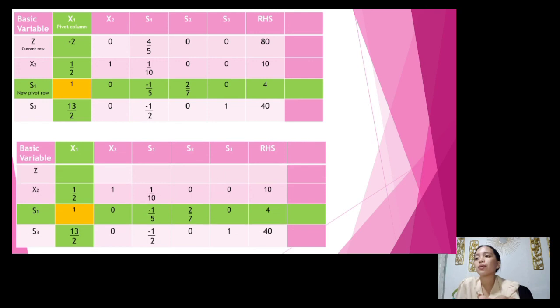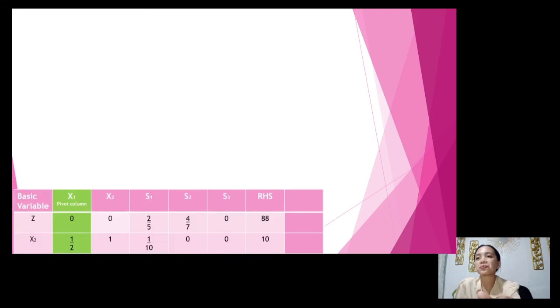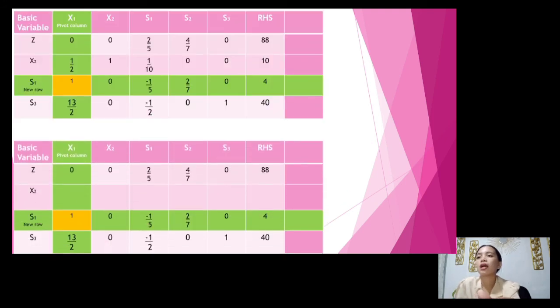Then we will get the value of z: -2 minus -2. So this will be 0, then 0, then 2/5, then 4/7, then 0, then 88. So do the same process through the RHS.